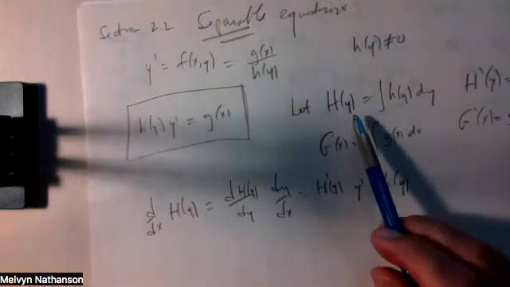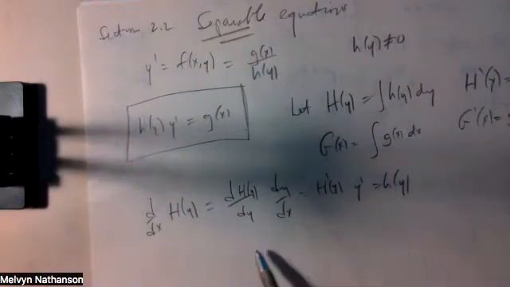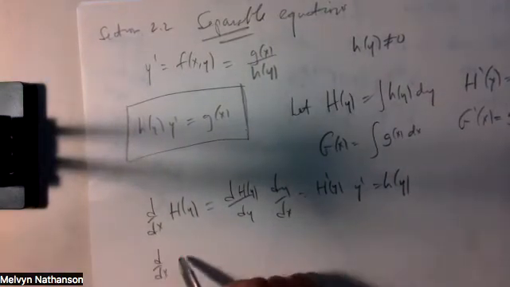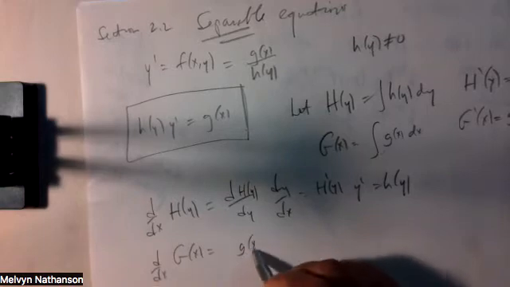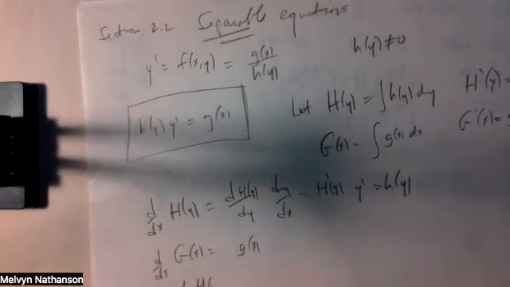So the derivative with respect to x of capital H of y is y prime h of y. And of course, the derivative with respect to x of capital G of x is just g of x.